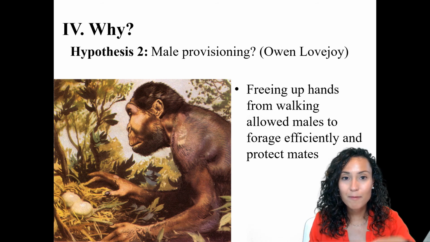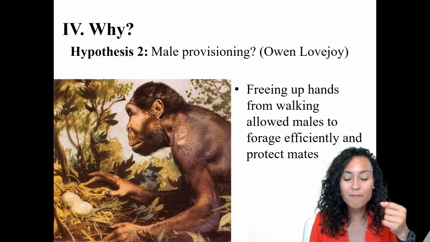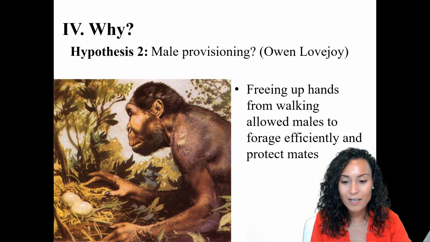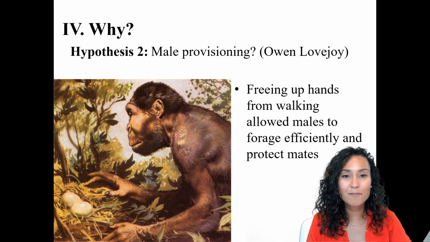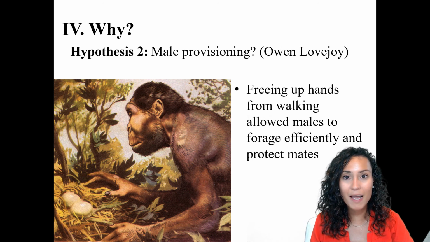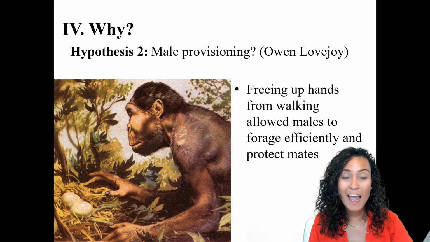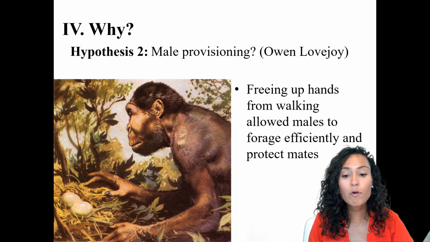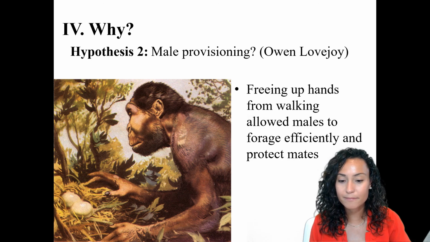So, the causal mechanism of evolution, according to Lovejoy, was the fact that men needed to be able to provide more food more efficiently for their young, that they were incentivized to do so because of natural selection by female mates, and that freeing up your hands for walking actually allowed you to forage more efficiently, as well as being able to protect your mates and offspring.